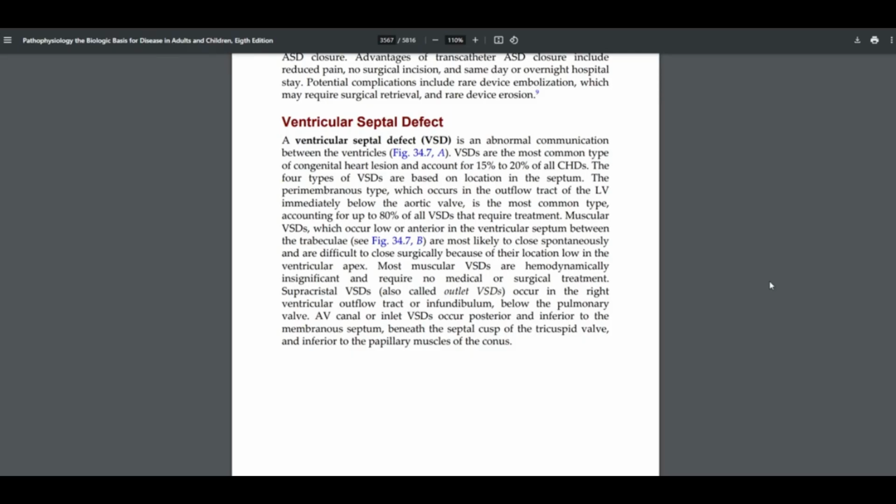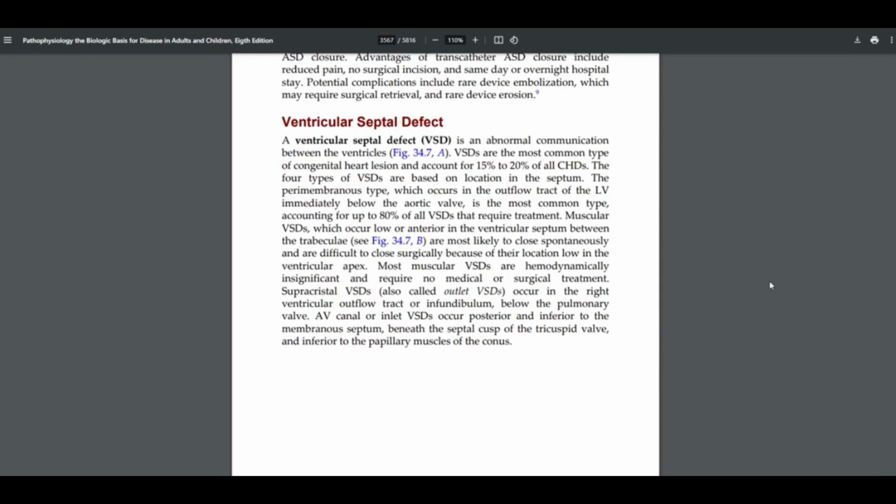Muscular VSD, which occurs low or anterior in the ventricular septum between the trabeculae, are most likely to close spontaneously and are difficult to close surgically because of the location low in the ventricular apex. Most muscular VSD are hemodynamically insignificant and require no medical or surgical treatment.